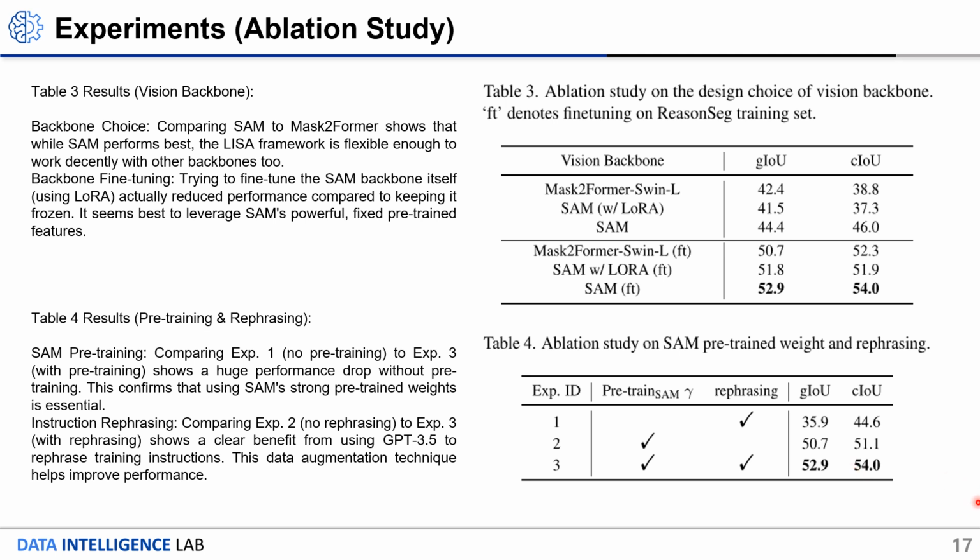So this confirms that using SAM's strong pre-trained weights is essential. As for instruction rephrasing, comparing experiment number 2, no rephrasing, to experiment number 3 with rephrased instructions, it shows a clear benefit from using GPT-3.5 to rephrase training instructions. This data augmentation technique helps improve performance.